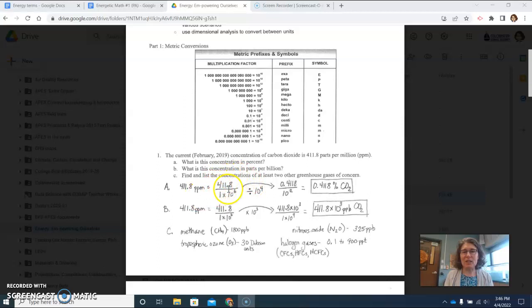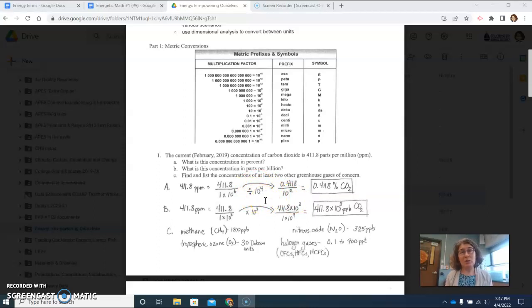So another way of representing that is 411.8 parts out of 1 million, or over 1 times 10 to the 6th. And we want to express that in parts per 100. So parts per 100 is 10 to the 2nd. In order to get from parts per million to parts per 100, we're going to have to divide by 10,000, by 10 to the 4th power.